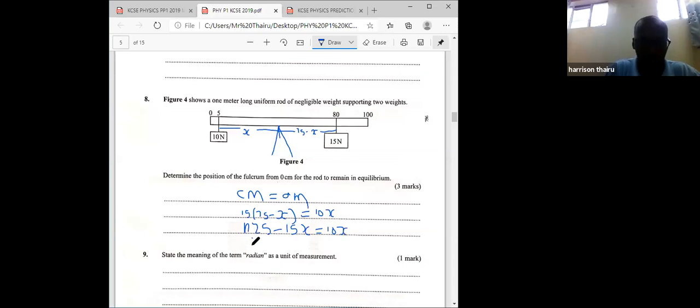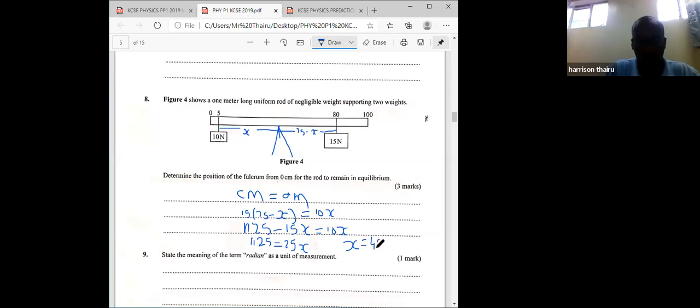Therefore, this side you are left with 1125 being equal to 25x, because it is going to add 15x plus 10x. So divide every side by 25, and finally your x becomes 45 centimeters.